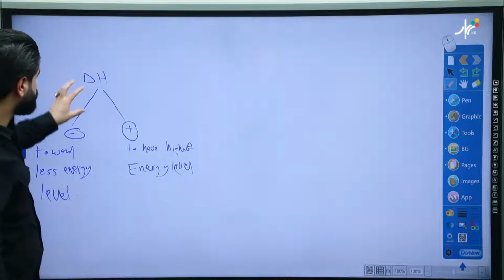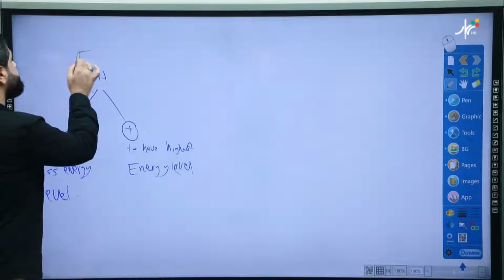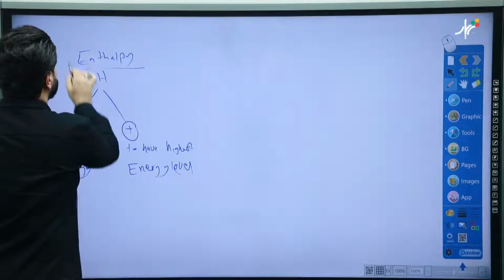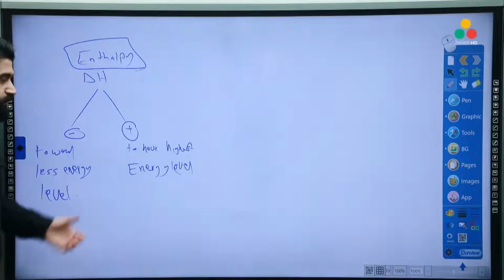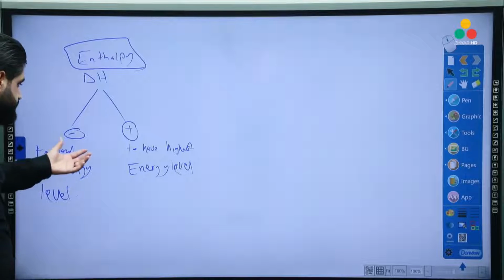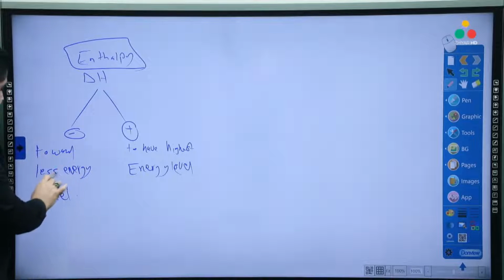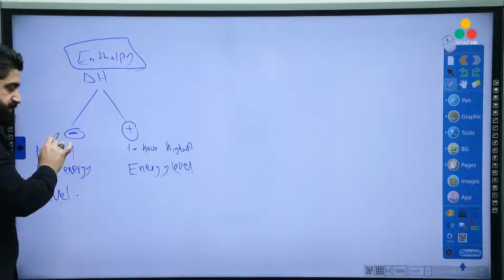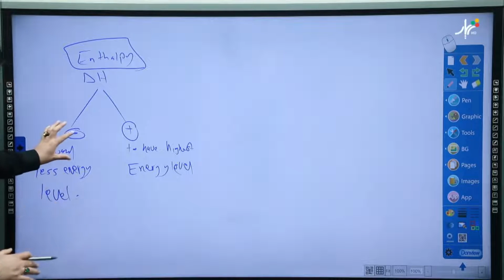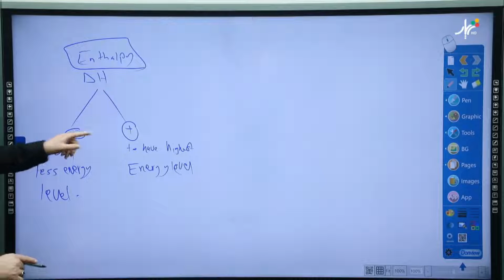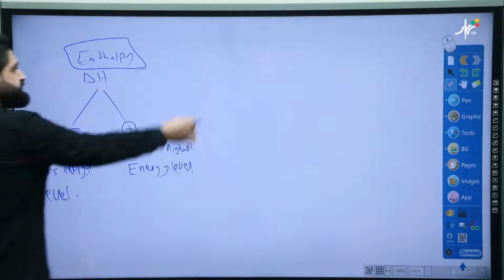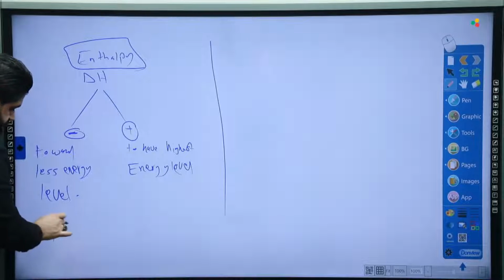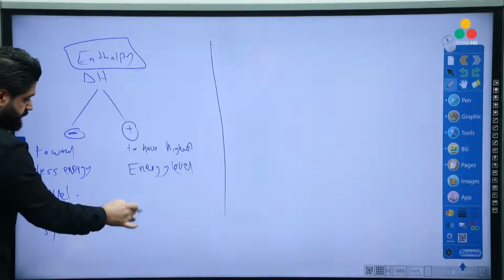So according to enthalpy, the heat of reaction, which direction favors a lower energy level? It means exothermic. So if we have an exothermic reaction, it's spontaneous, but the result is uncertain.